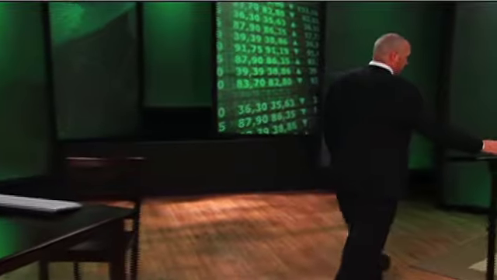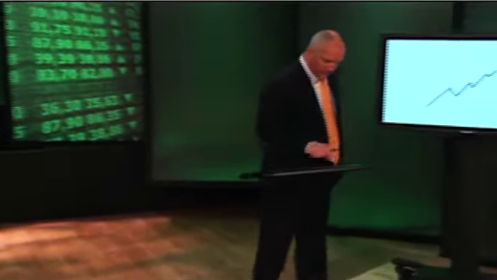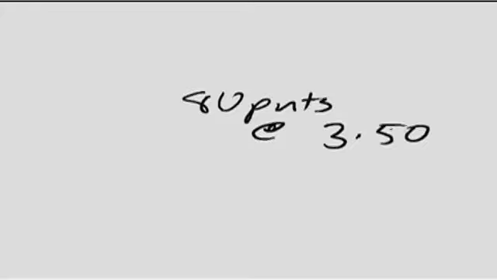The McDonald's January 80 puts at the time were trading for about $3.50. Let me explain how that would work. We've got the McDonald's January 80 puts trading at 3.5. If I think the stock is going to 72, the value of those puts, when the stock's at 72, we have the right to sell the stock at 80.